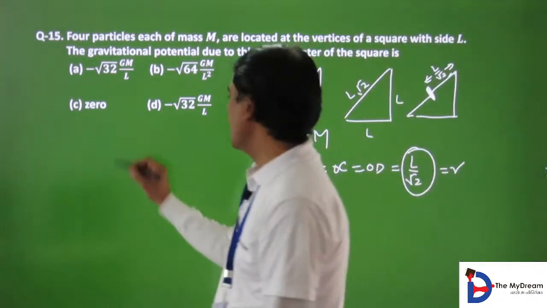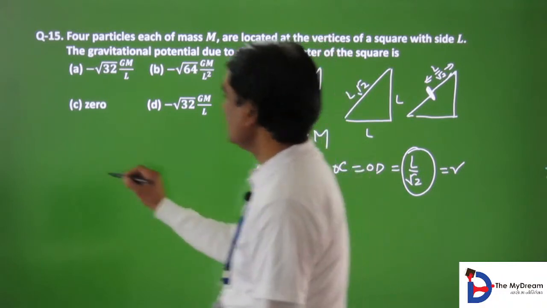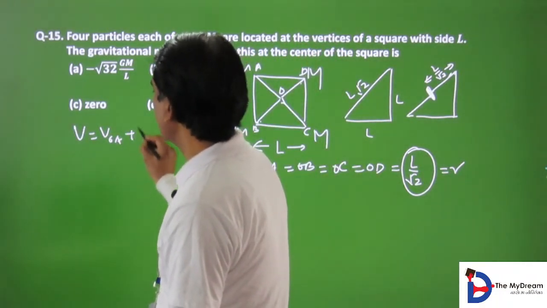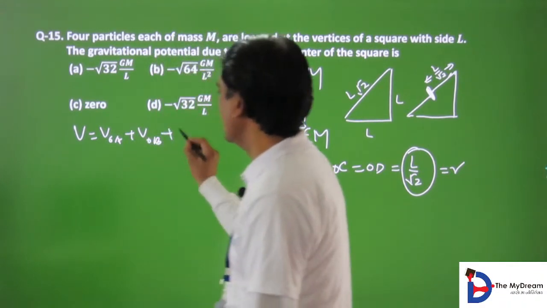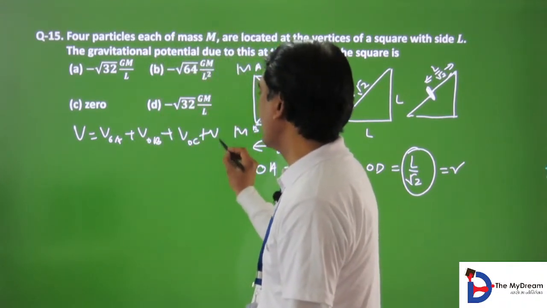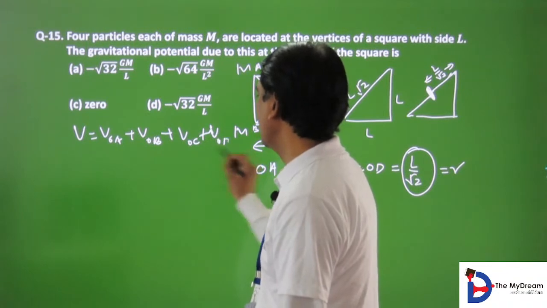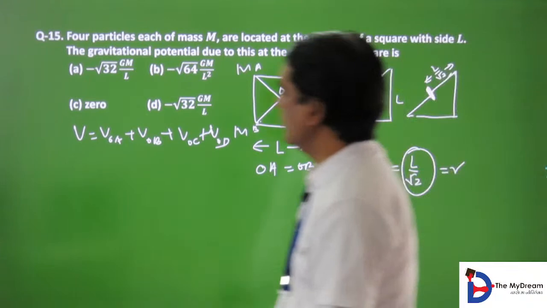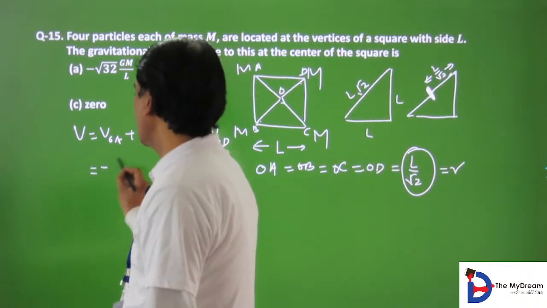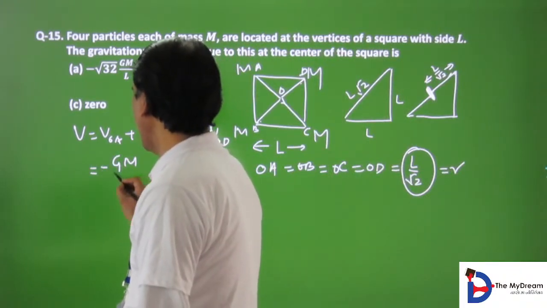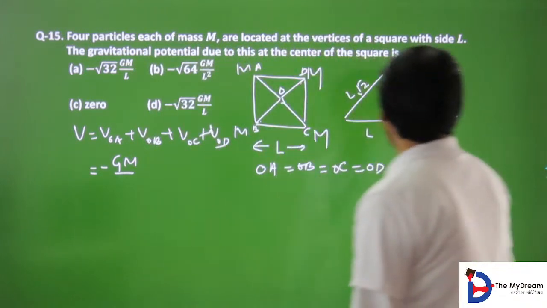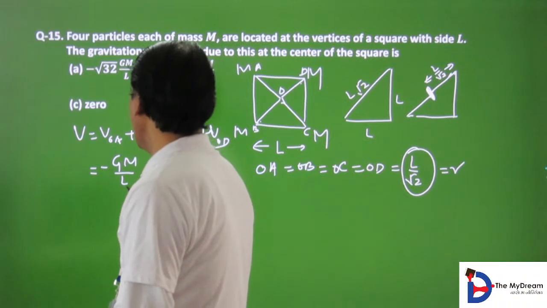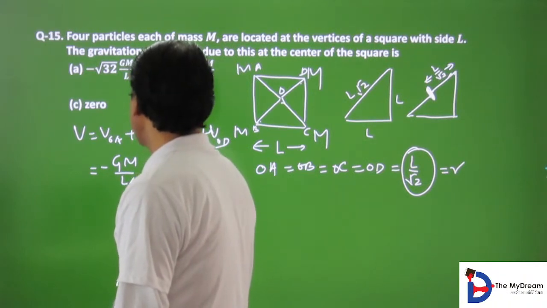So gravitational potential, potential at O due to A, potential at O due to B, potential at O due to C, potential at O due to D. And this is minus GM by R. In place of R, you can write down L by root 2.